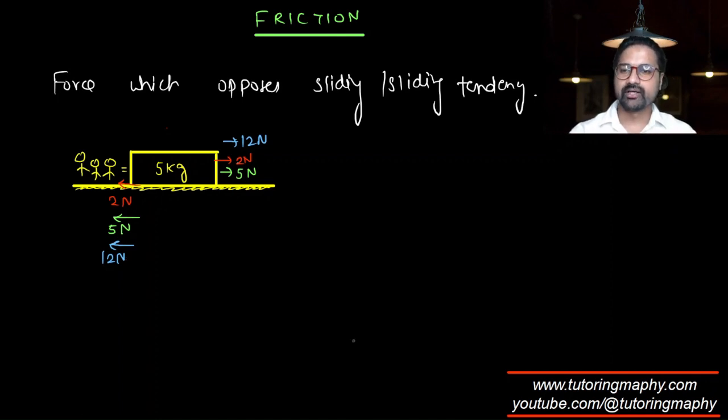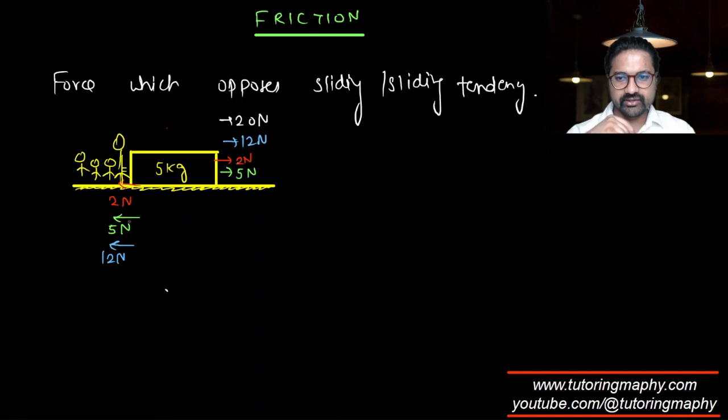So now dad comes, says move aside, and exerts a force of 20 Newton, and eventually the block starts moving. 12 Newton is the maximum friction force which can oppose it, so 20 Newton is able to exceed the 12 Newton, and the block will start moving.